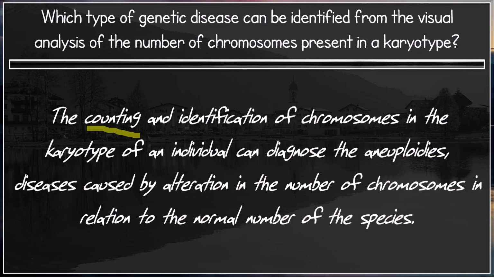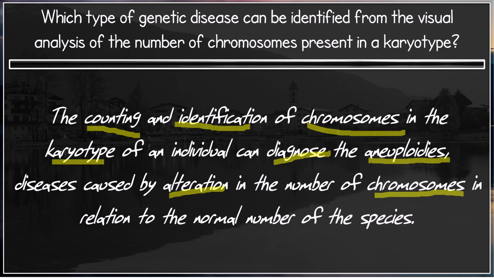The counting and identification of chromosomes in the karyotype of an individual can diagnose the aneuploidy diseases caused by alteration of the number of chromosomes in relation to the normal number of the species.